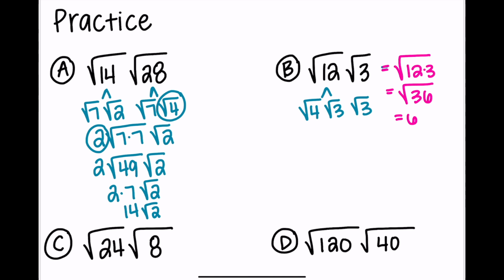All right, so at this point, we could keep on going, and there are different ways you could do this. You could have done 6 and 2 instead. You're going to end up with the same answer at the very end. So this would be 2 times the square root of 3 times 3, which would be 2 times the square root of 9, which is 2 times 3, which gives us 6. So any way you do it, you should end up with the same answer at the end.